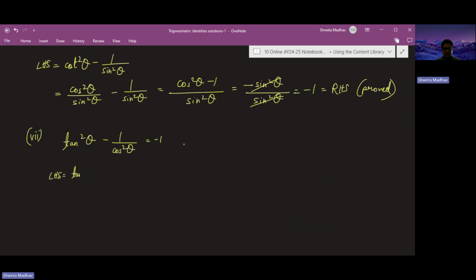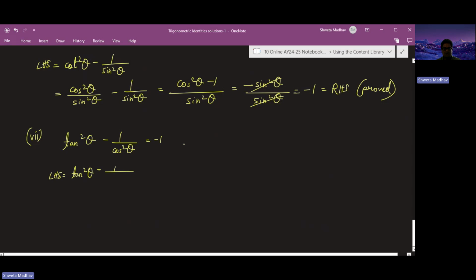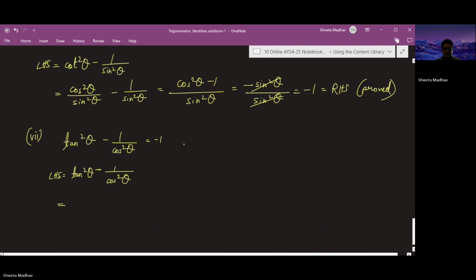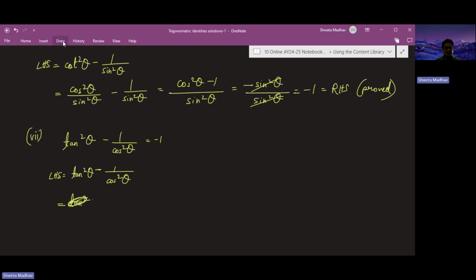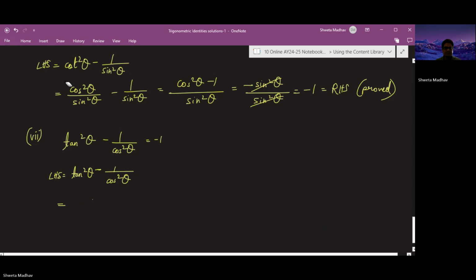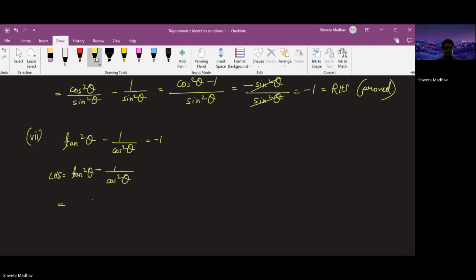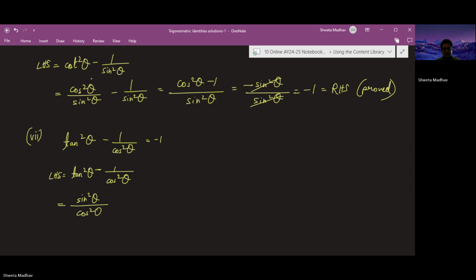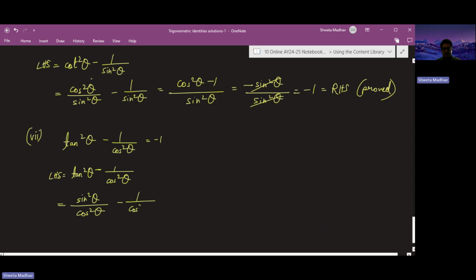Left hand side is tan square theta minus 1 by cos square theta. So tan square theta we can write as sin square theta by cos square theta, minus 1 by cos square theta.